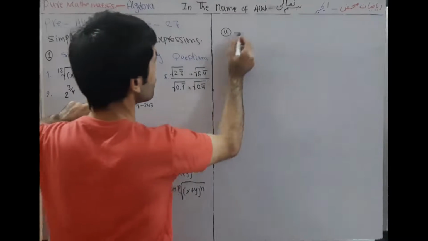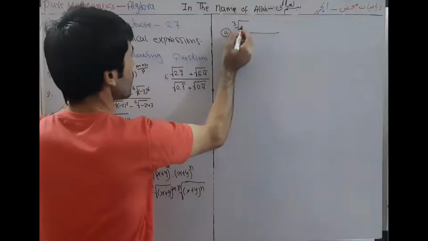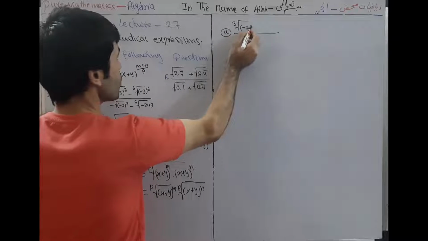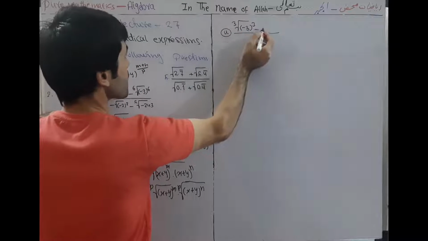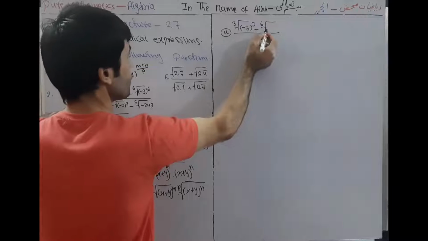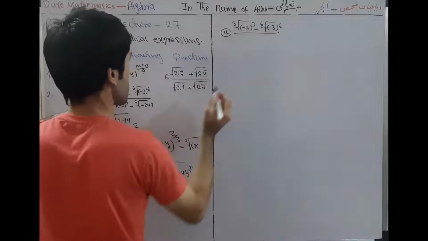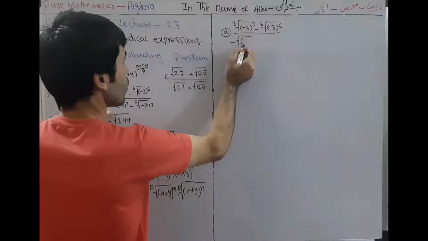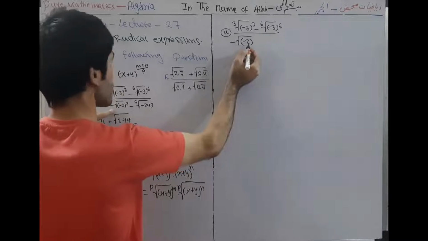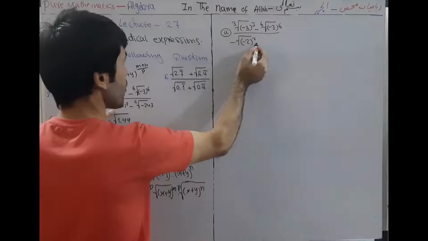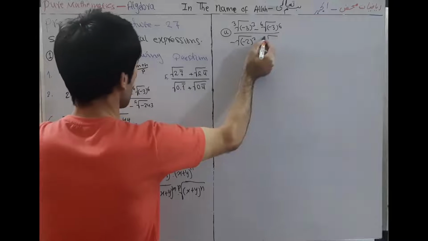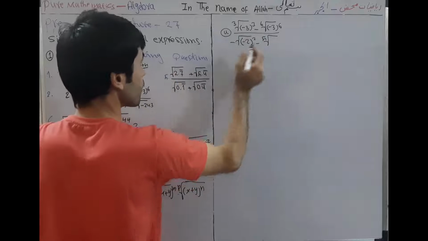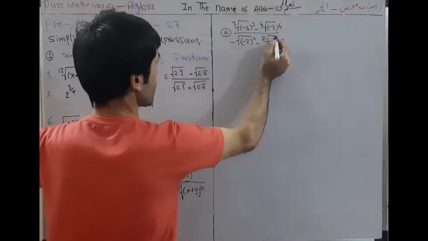Now we want to solve question 4. We have the cube root of (minus 3) whole to the power 3, minus the sixth root of (minus 3) whole to the power 6, over minus 2, minus the square root of (minus 2) whole to the power 2, minus the fifth root of minus 243.